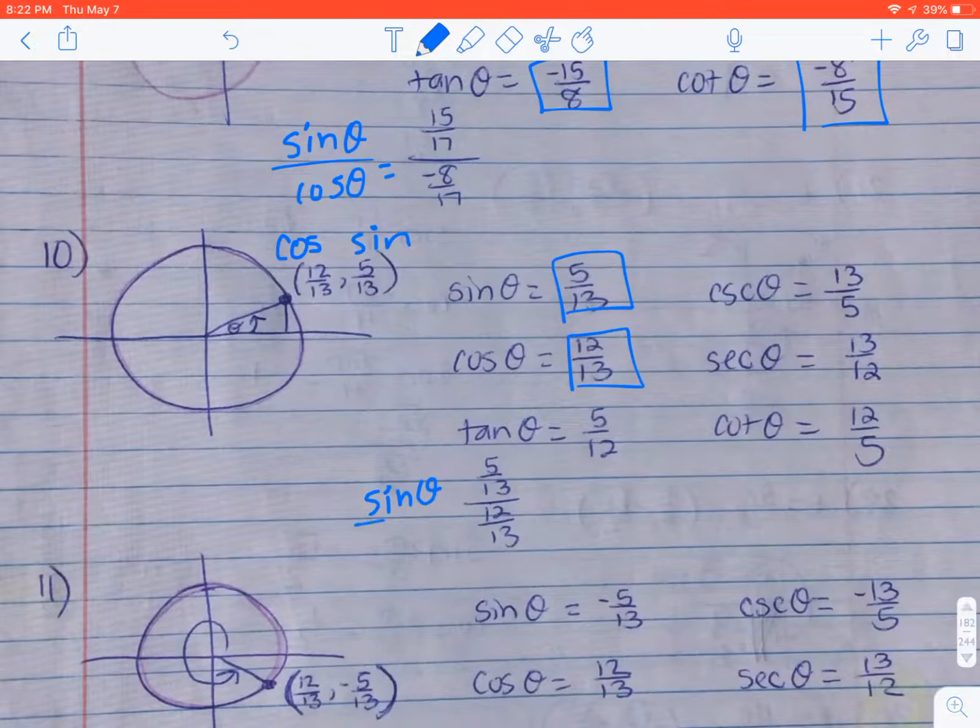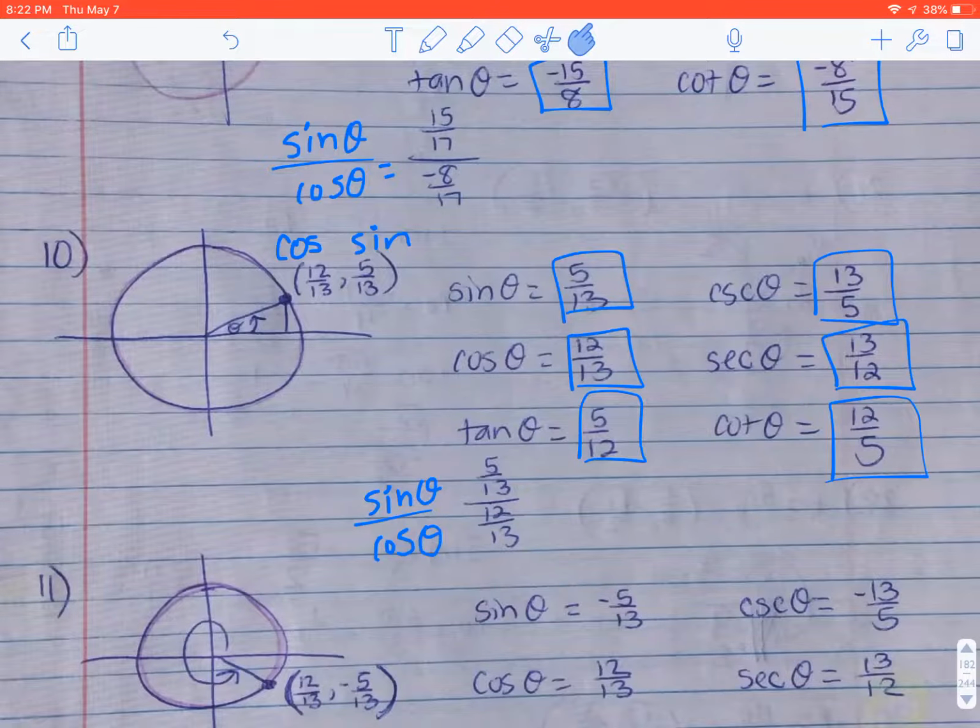Tangent theta is always sine theta over cosine theta, and then simplify that, so you get 5 over 12. Cosecant theta, you're going to take the reciprocal of sine, so it's 13 over 5. Secant theta, take the reciprocal of cosine theta, so 13 over 12. Cotangent theta, take the reciprocal of tangent theta, so you get 12 over 5.